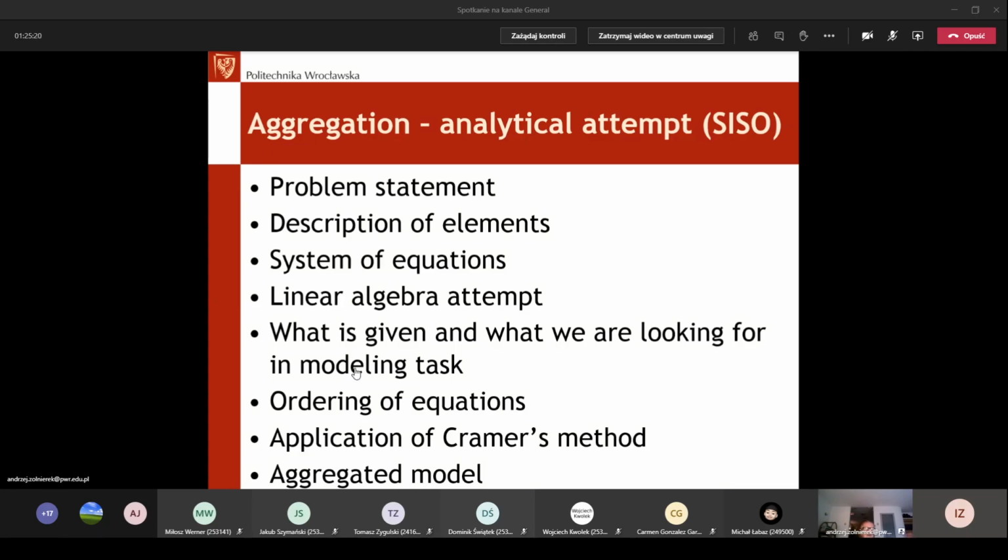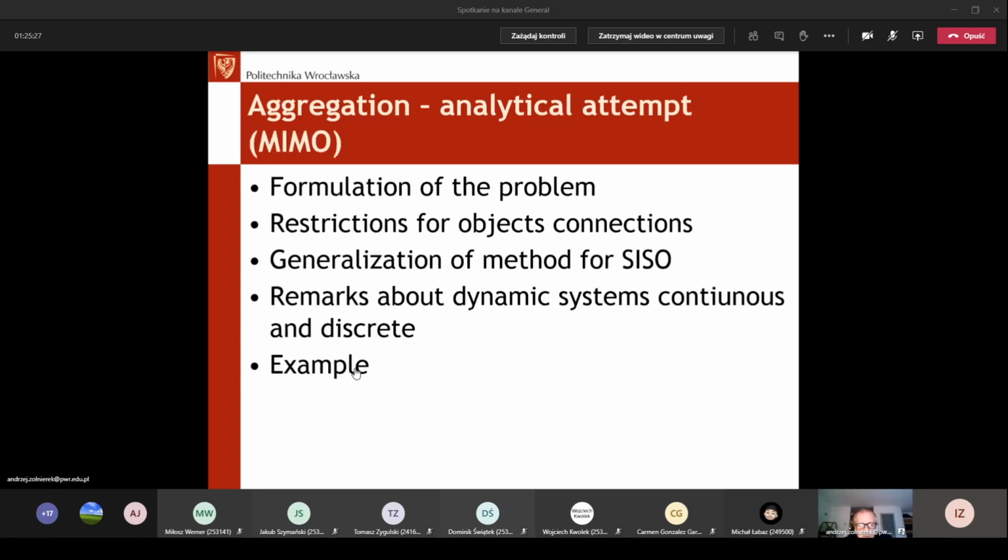Only for single input, single output systems. And for example, it would be as follows.